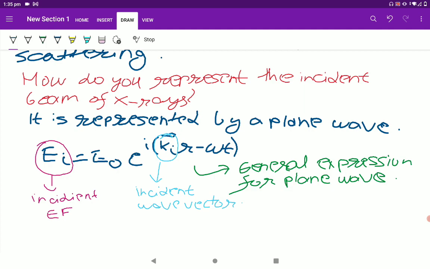So it is in the direction of propagation, while the electromagnetic field is perpendicular to the incident wave vector, because it is a transverse wave.